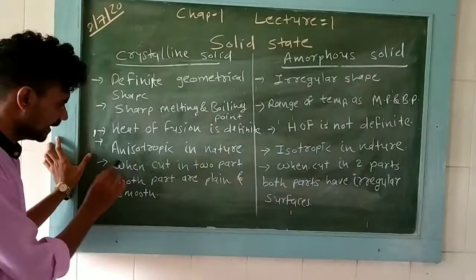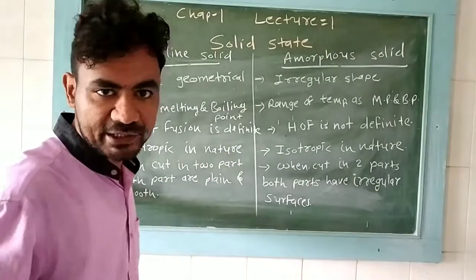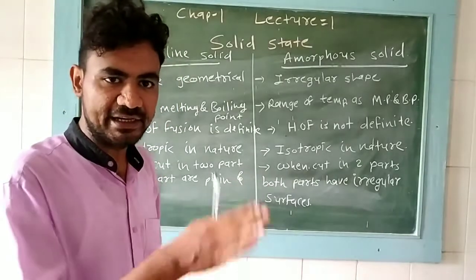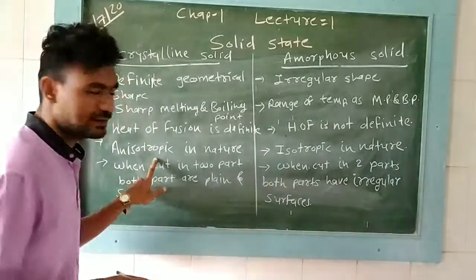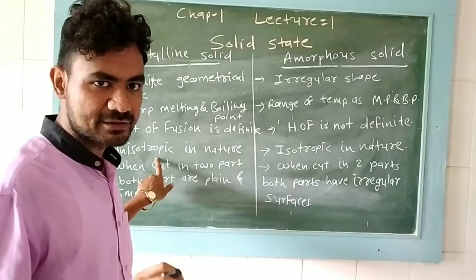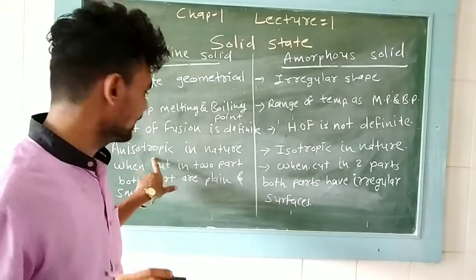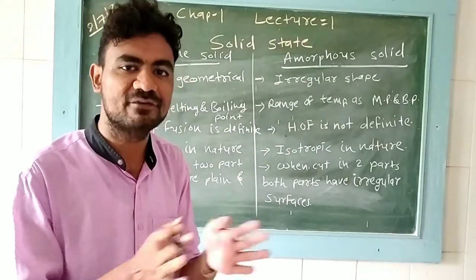Now next point, anisotropic in nature. What anisotropic means, I just said. If I break the solid particle in two parts, both parts will show different properties. Suppose the time for heat transfer will be different in anisotropic because it will break into two different parts.